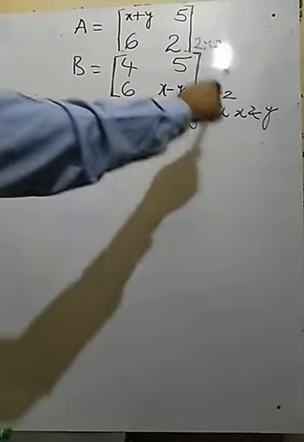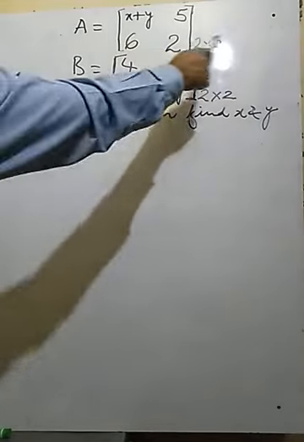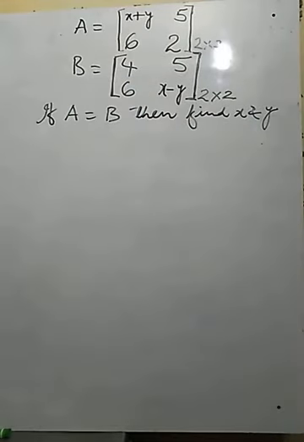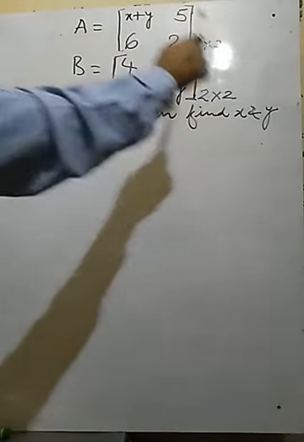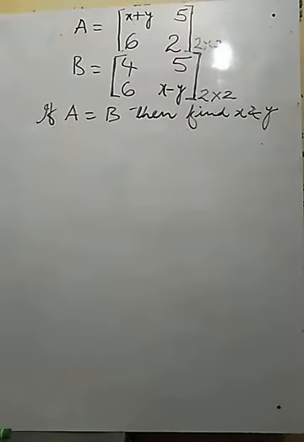So the order of these matrices must be equal. If these are unequal, those matrices would not be called equal matrices. It is compulsory that the order of the first matrix must be equal to the order of the second matrix.